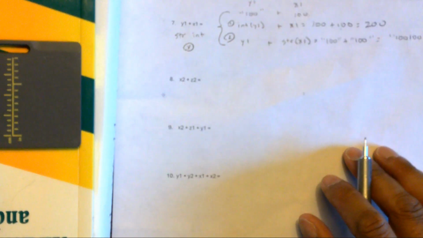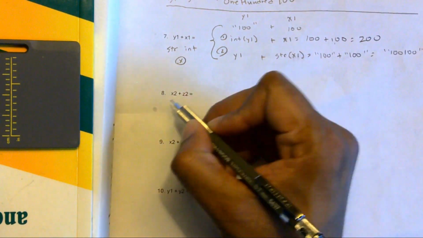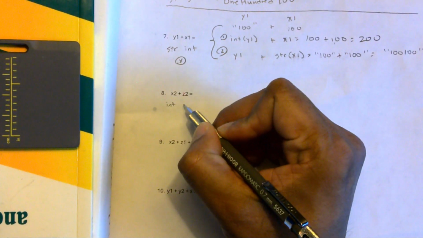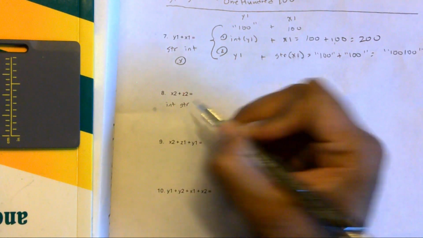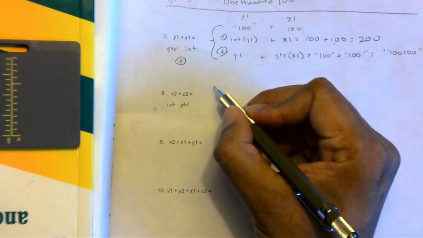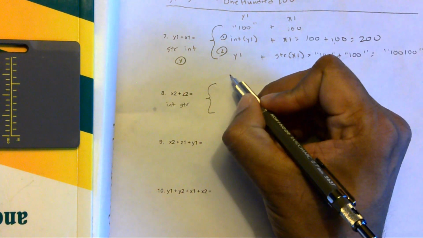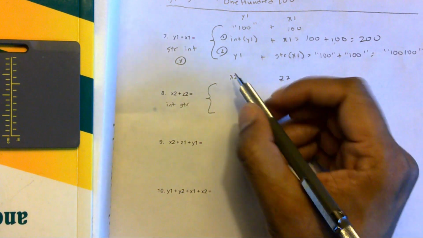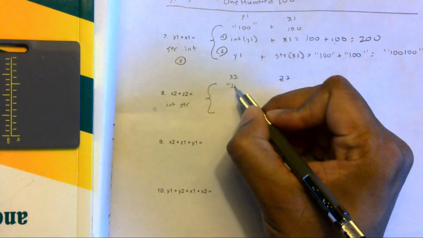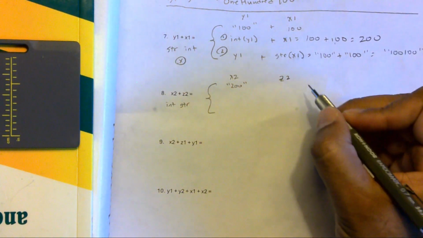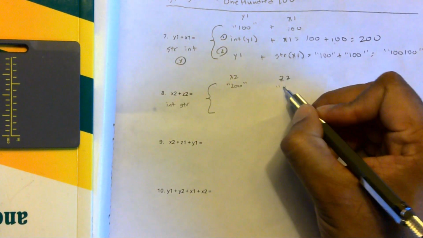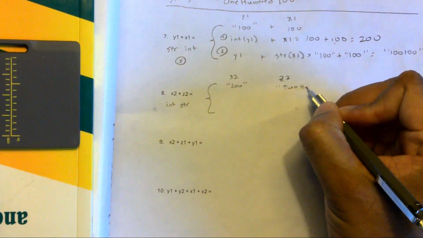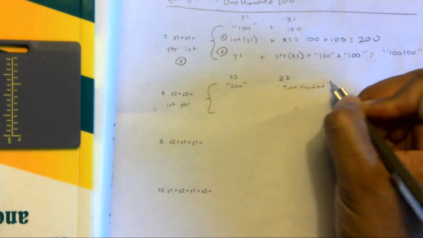So we can start doing the same way. x2 is int, z2 is string. Okay, so what happens here? We just simply write the problem: x2, z2. x2 is going to be 200, and your z2 is going to be the word 200, which is a string.